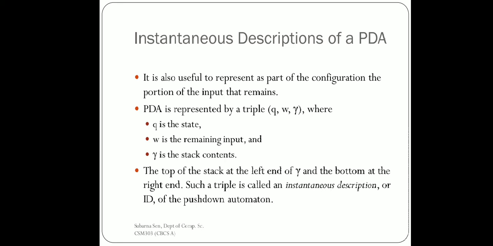Whatever lambda is, it is the stack content, so the top of the stack will be at the left and the bottom will be at the right, because we have kept all the symbols one by one inside the stack. Such a triple is called an instantaneous description, or ID, of the pushdown automaton, right?